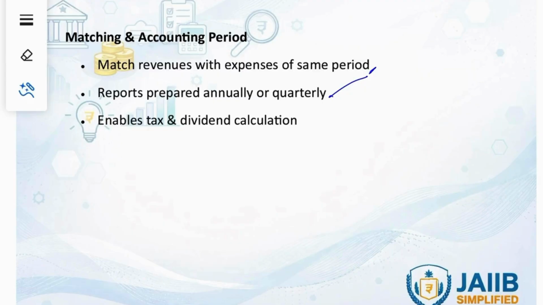Based on those annual reports only, we will pay tax and we will give dividends. Matching ensures expenses are aligned with revenues of the same period. Keep this in mind.